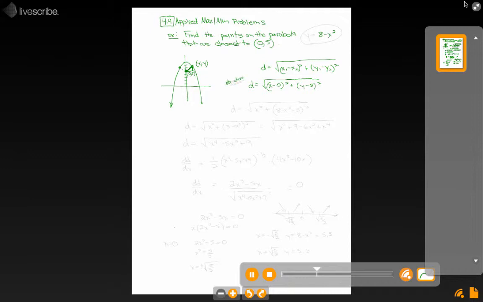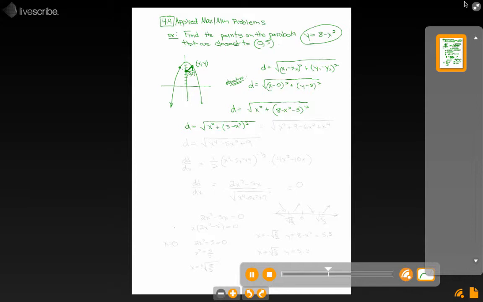Our constraint is the fact that the point x, y has to be on this parabola, meaning that y equals 8 minus x squared. And that's key, because now I can say D equals the square root of x squared plus, instead of y minus 5 squared, 8 minus x squared minus 5 squared. Before I start diving in and taking derivatives, I can make that look a little neater and tidier.